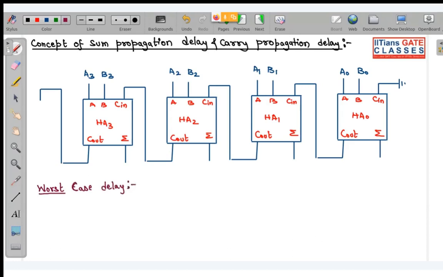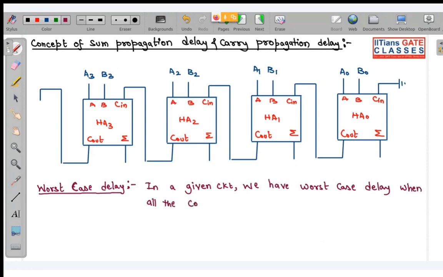Worst case delay means, in a given circuit, we have worst case delay when all the components of the circuit suffer from delay.